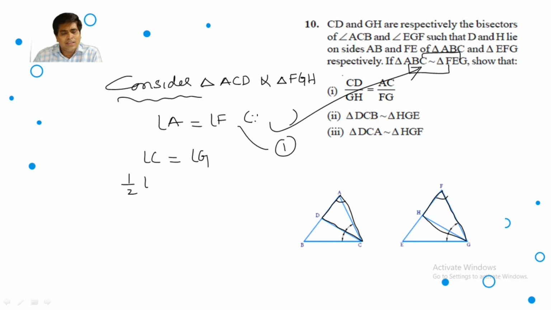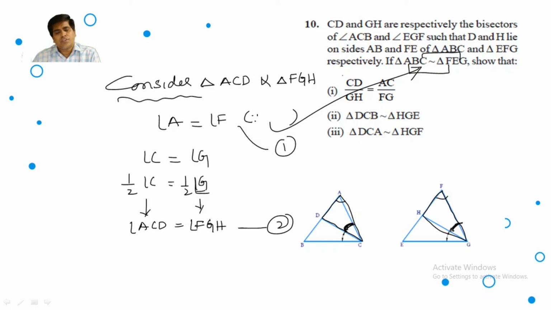Half of angle C is equal to half of angle Z. Definitely these two are also equal. This angle is angle C by 2. Elaborately, we can write it as angle ACD is equal to this angle, which I am writing as angle FGH. So this is my second equation.